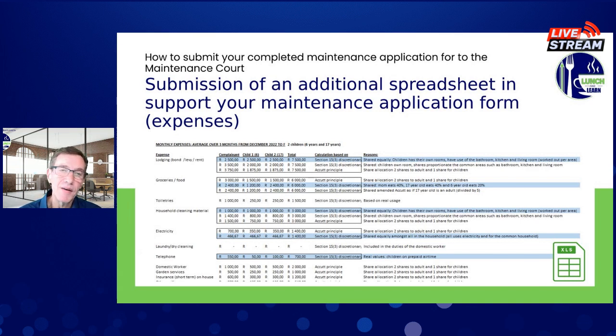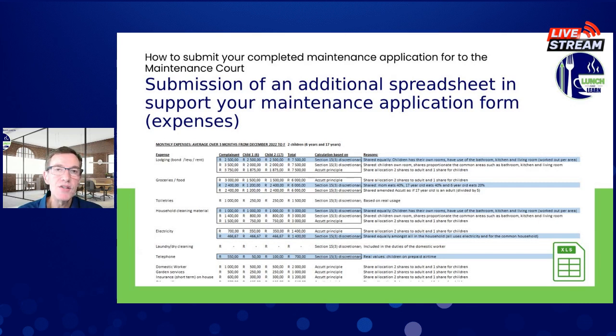Our advice, and I do that in my practice in each and every case, is that I request the mother to complete a spreadsheet with the expenses. Now, why do I do that? Isn't that duplication? Yes, in some instances it could be duplication as well. But with an Excel spreadsheet, you can work with formulas and work it out, and you can, I wouldn't say manipulate that, but I'll explain in a moment what I mean by that.